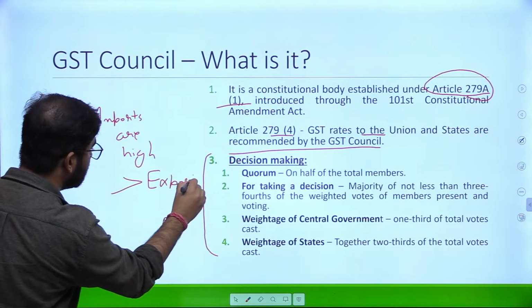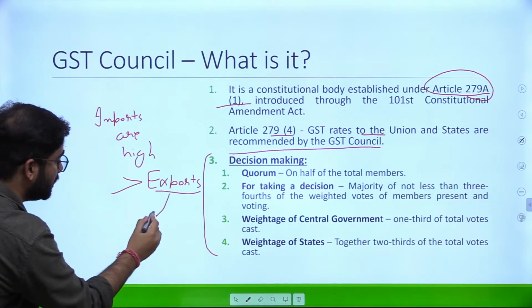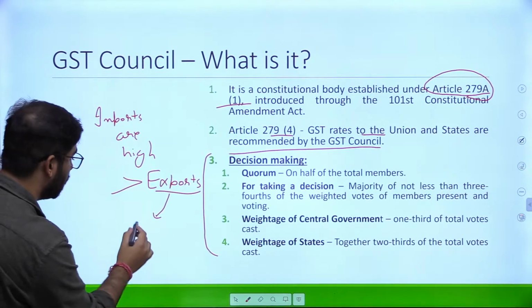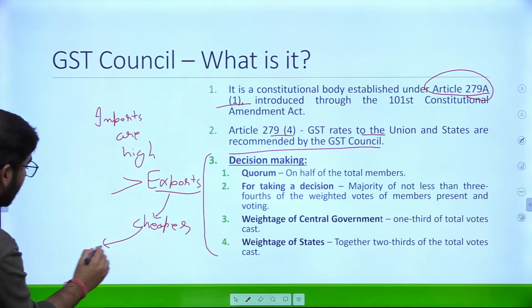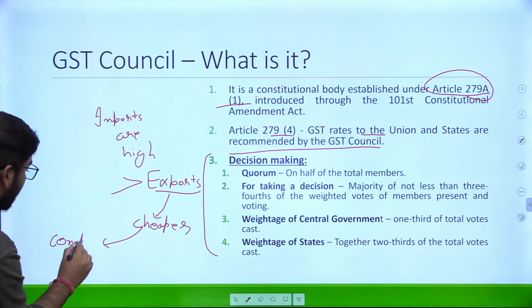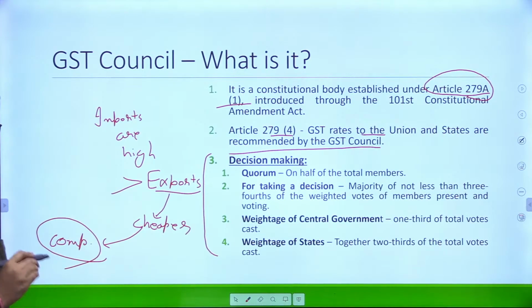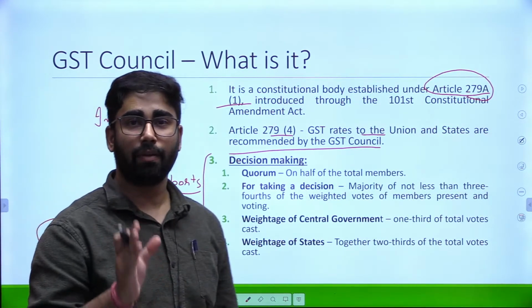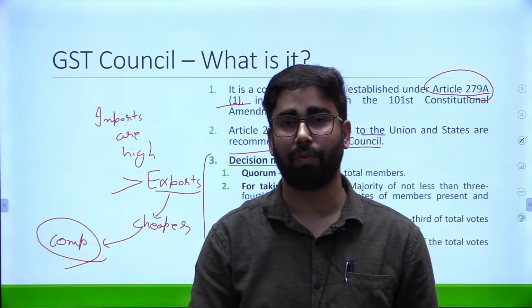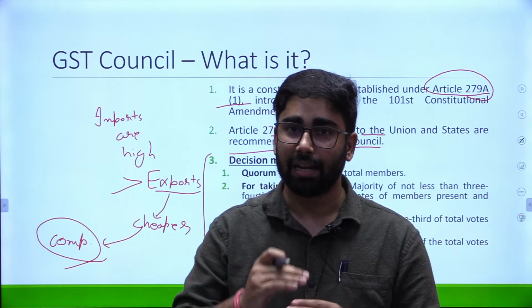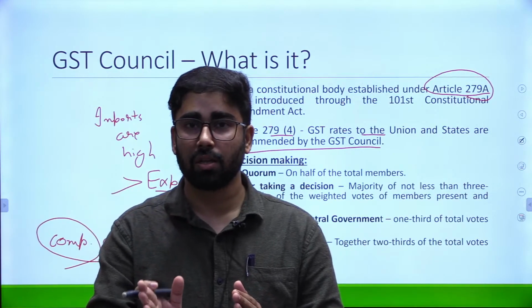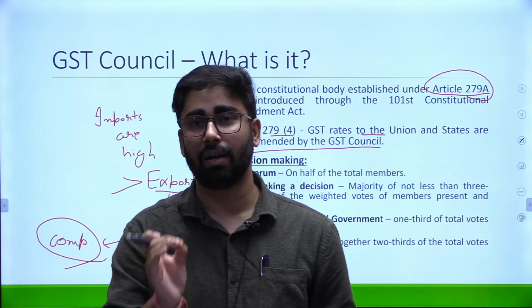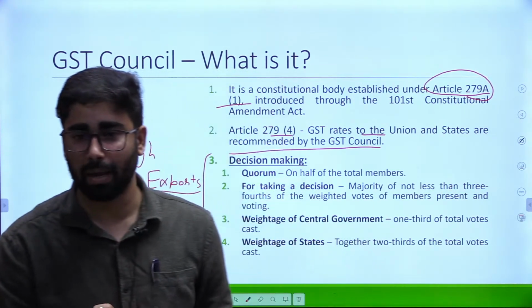So if there is zero rating on exports, it means that the exports are cheaper, and when they are cheaper, they are more competitive in the international market. That will encourage the export sector of our country, exports will increase, and eventually the current account deficit will reduce. So this is the concept behind this.